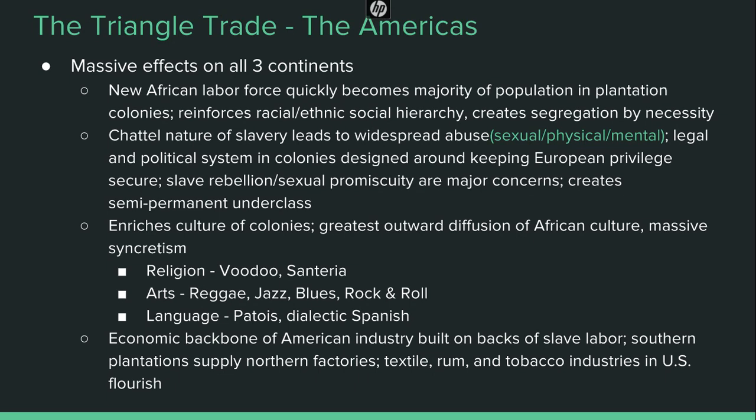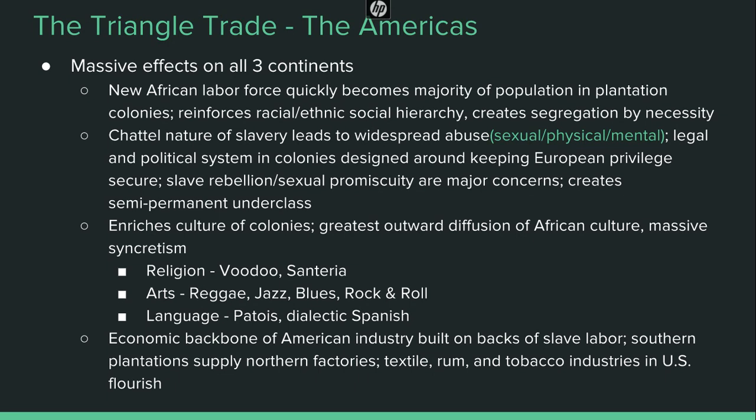In language, you have the forming of blended languages like Jamaican patois, as well as all of the different dialects of Spanish, which are influenced by African words. And economically, the backbone of American industry, especially in the United States, is built on the backs of slave labor.